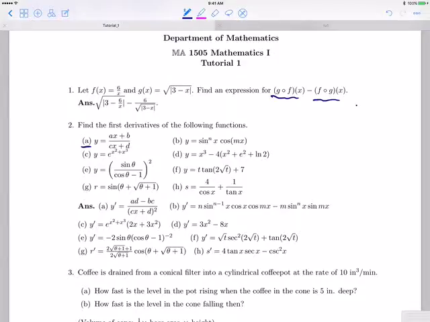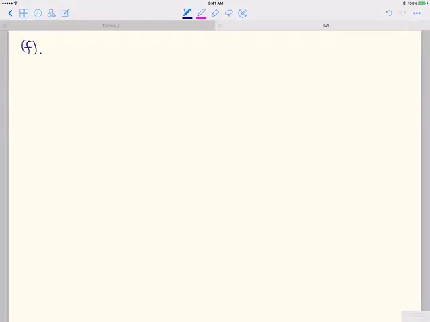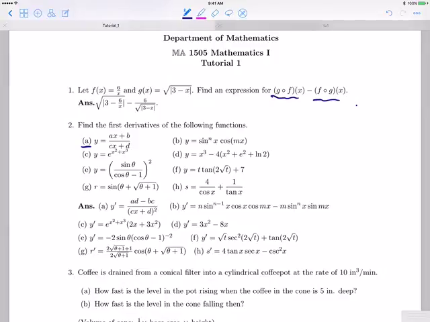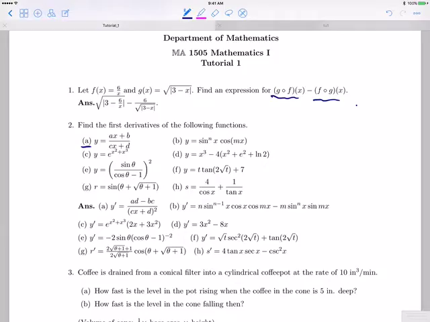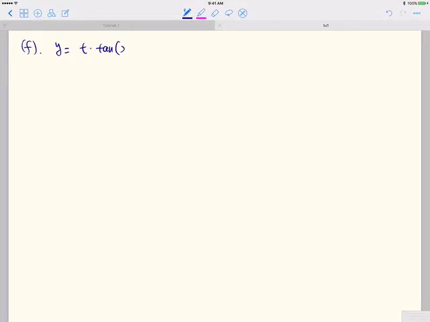So what's F? F is here: y equals t times tangent of 2 times square root of t plus 7. Once again, there's a constant here, so the derivative of 7 is just 0, and you can skip that part. So y prime equals, first we use the product rule, so this will give us tangent.